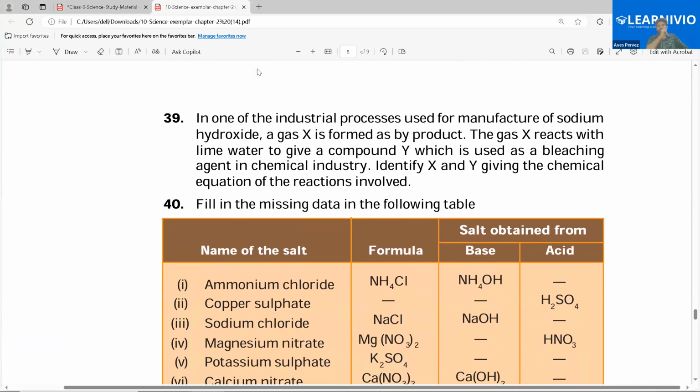What is X, Y, and Z in this one? Aisha, you need to tell me question number 39. Aisha, because you don't turn on your camera, I am not able to focus on whether you are there.